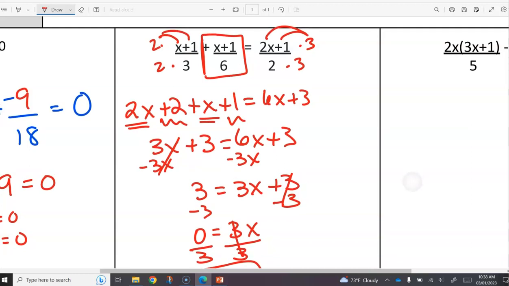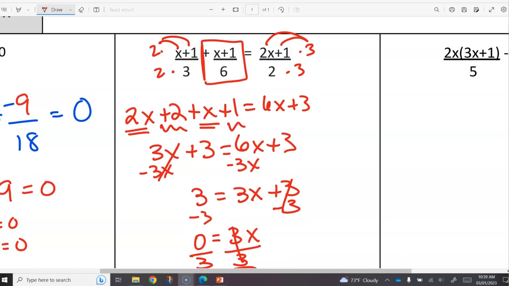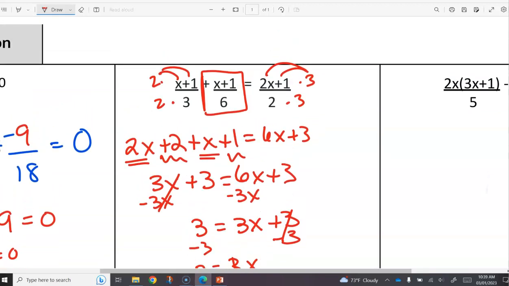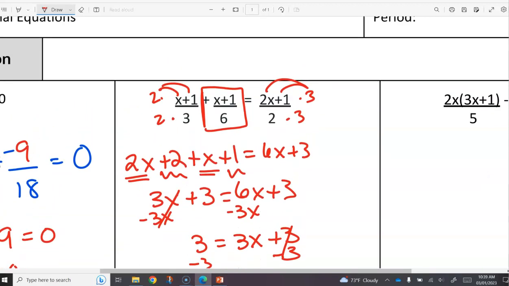We should be able to plug it in and it work. So why is this one not working? So you should be able to plug it back in and it should become a true statement. So when we plug these in and we use our whole fraction from the original, here 0 plus 1, that's 1/3. Here 0 plus 1, that gives me 1/6.